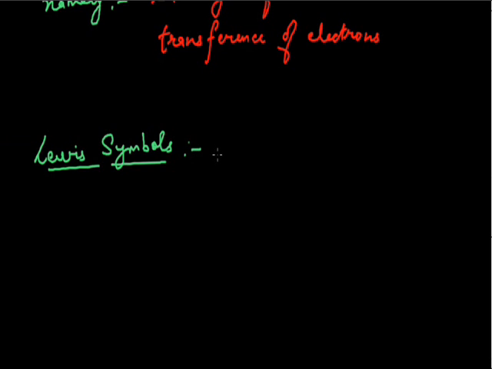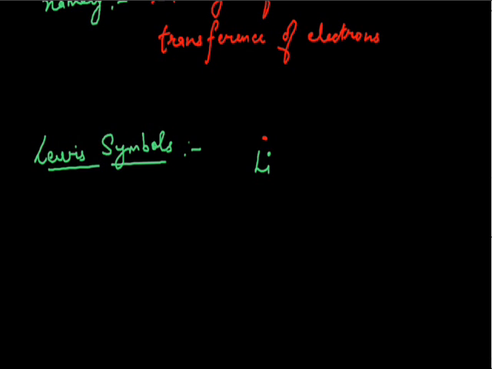In this, Lewis had taken the symbol of the atom and he surrounded the symbol with some dots. Let us take the example of lithium. The symbol of lithium is written and further a dot was made around it.